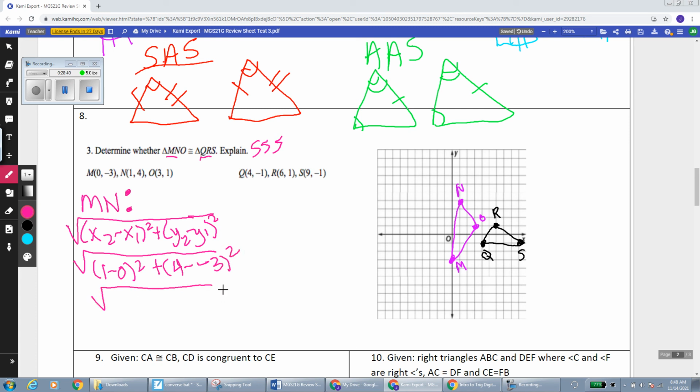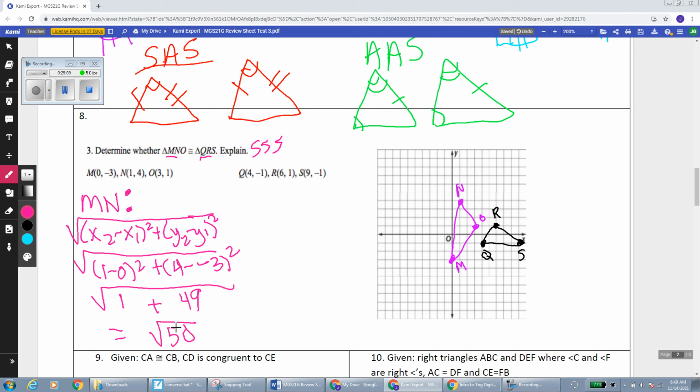Remember that on the radical step, so that's 1 plus 7 squared, which is 49. And this gives us radical 50. You can simplify the radical if you want to. That would simplify to 5 radical 2. But you don't have to. You can just leave it as is. This should be good enough for our purposes unless we see that we need to simplify it.